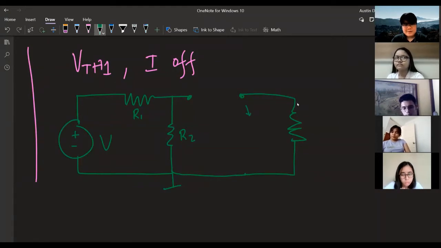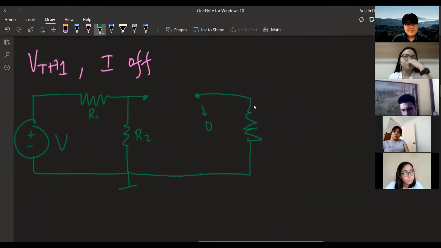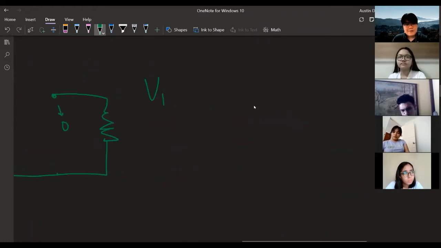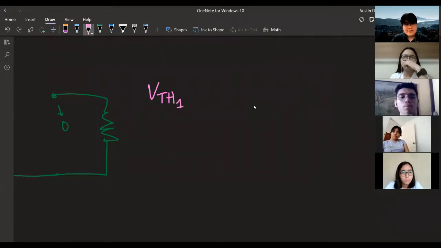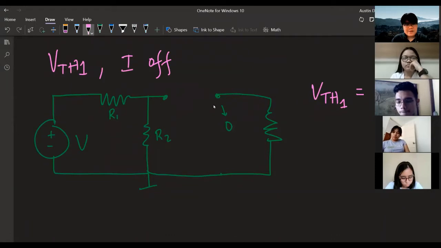0, 0. And then for this part, anong voltage na makukuha ko dito? Voltage divider. Tama? Voltage divider ito. So, VTH1 is just this voltage minus this voltage.